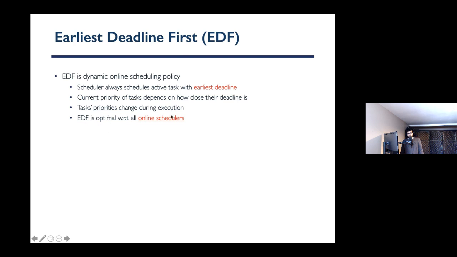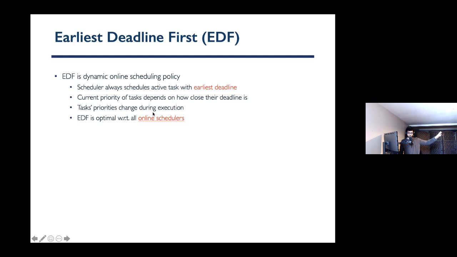And the cool thing about EDF is that EDF is optimal with regard to all online schedulers. So the class of schedulers that EDF is the top student of is all the online schedulers. So all three categories of static, dynamic, and fully dynamic.